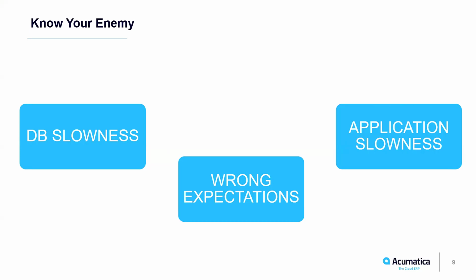And the third category that I have here is wrong expectations. And that is actually also a frequent reason for the slowness. For instance, if the user doesn't expect the process to take a lot of time, you as a developer can also help with that, for instance, by designing the proper user interface.